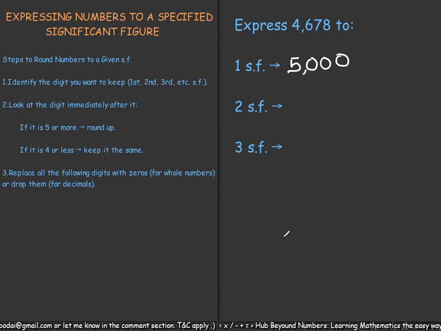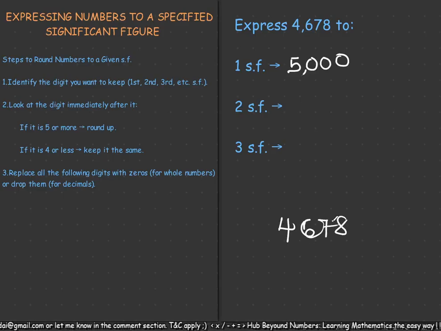So the number we have, once again, is 4,678. This is our first significant figure, and this is also our second significant figure. But we want to know if this is still standing or not. And how do we do that? We look at the number immediately to its right. It is 5 or more.